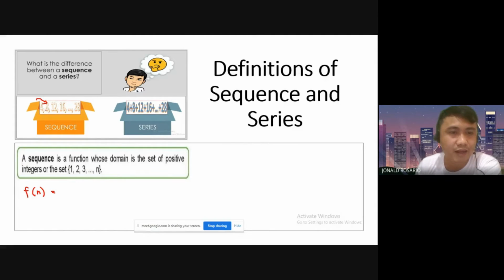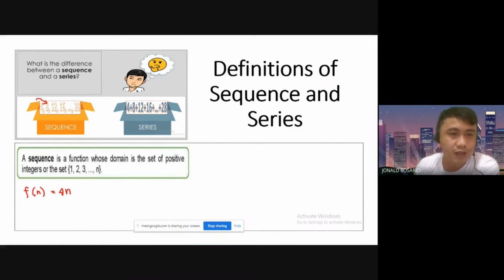Ibig sabihin, lahat ng mga numbers dyan ay may factor na 4. So sa 28, may factor na 4 yan, 4 and 7, ito naman 4 and 4, to 12, 4 and 3, and so on. So pwede nating gamitin itong ating function na 4n. So f sub n is equal to 4n.